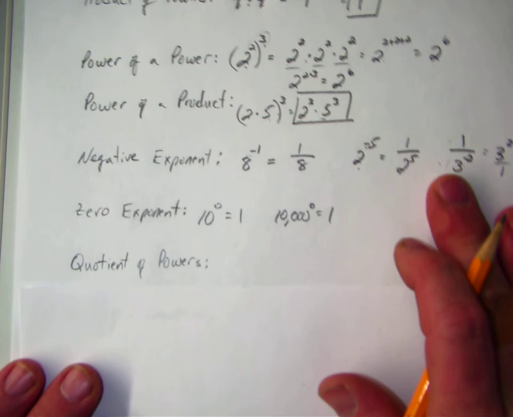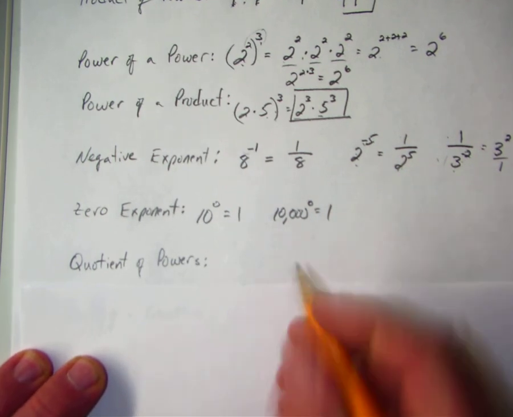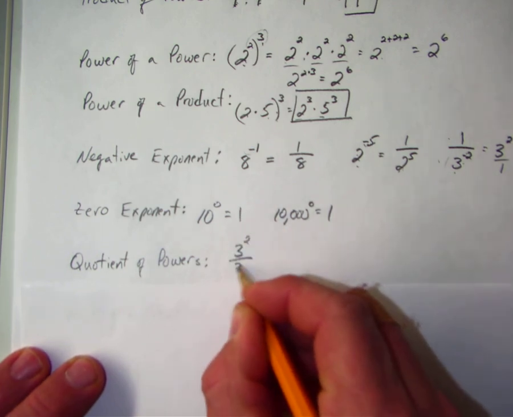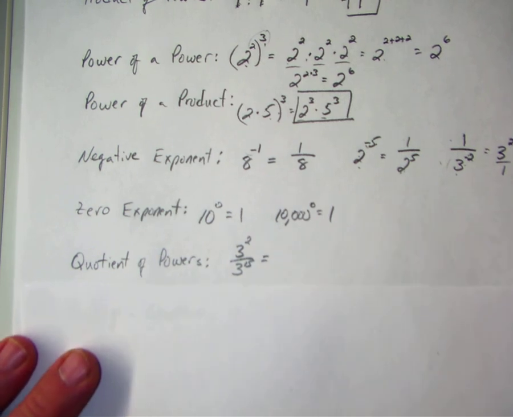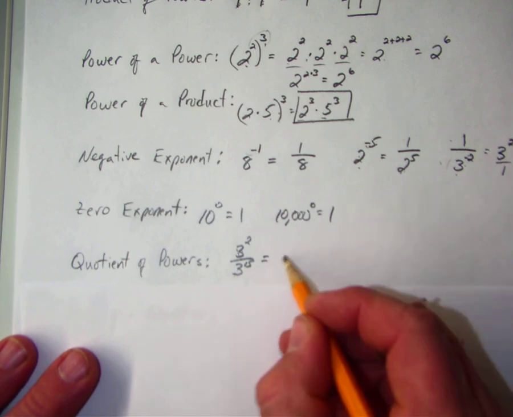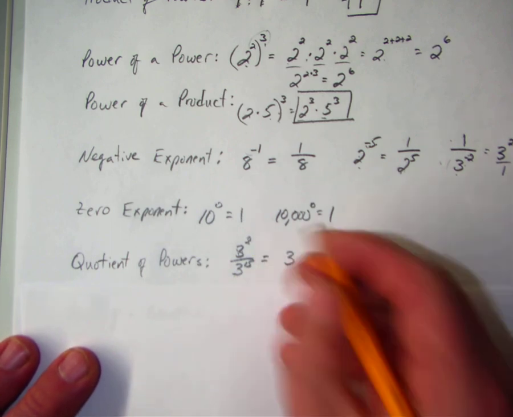The next property is called the quotient of powers. So for example, if I had 3 squared over 3 to the 15th, you notice here the bases are the same. So since the bases are the same, I write the base. Now I can subtract the exponents.